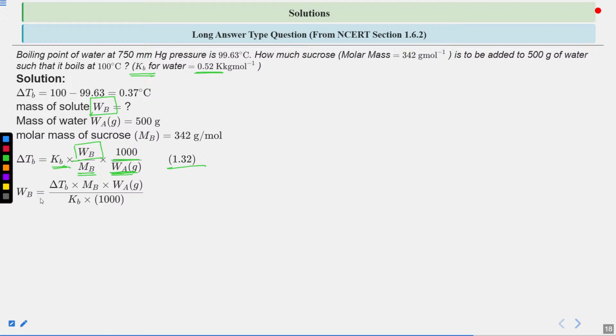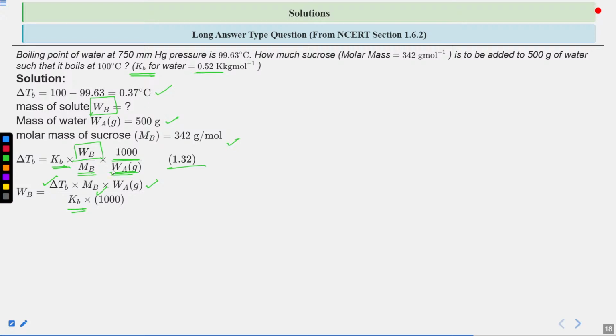Okay, so you just have to simply put the values of delta TB, which is 0.37 degrees Celsius, MB, which is 342 grams per mole, WA, which is in grams, which is 500 grams. So converting grams to kilograms, we just divide by 1000, and the KB value is also given in the question.